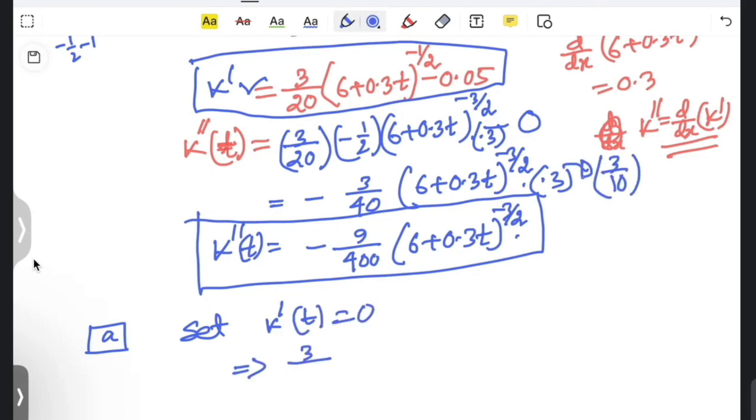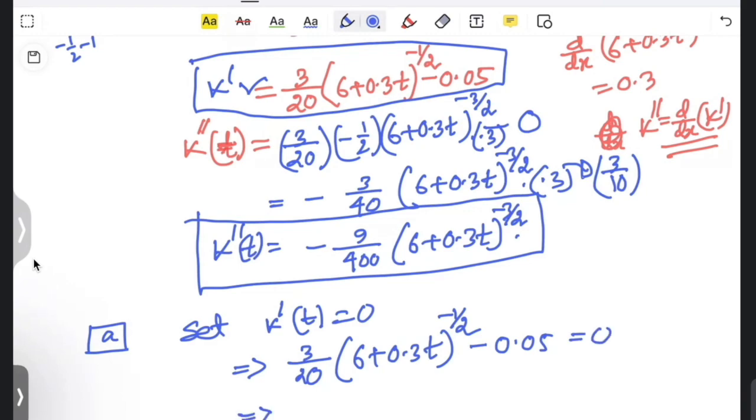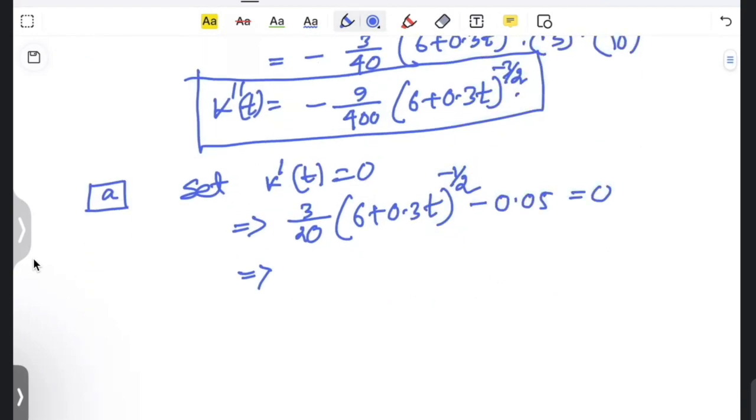So 3/20 (6 plus 0.3t) to the power negative 1/2 minus 0.05 equals 0. We want to calculate t from here, right? So how do we find t? First move this part to the right side. I can write 3/20 times 1/√(6 plus 0.3t) equal to 0.05.